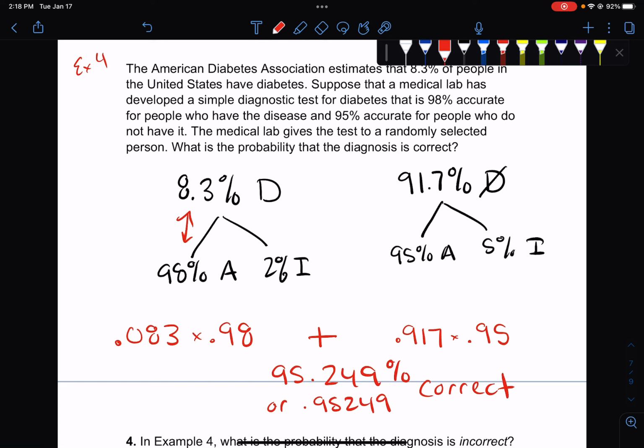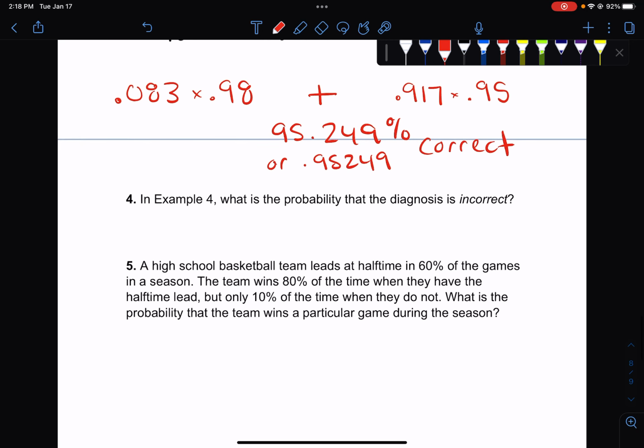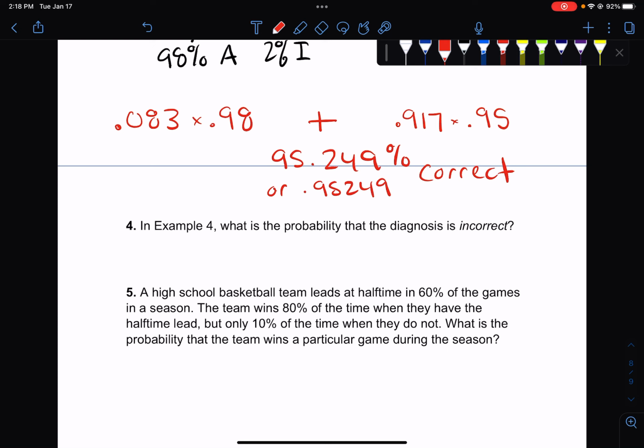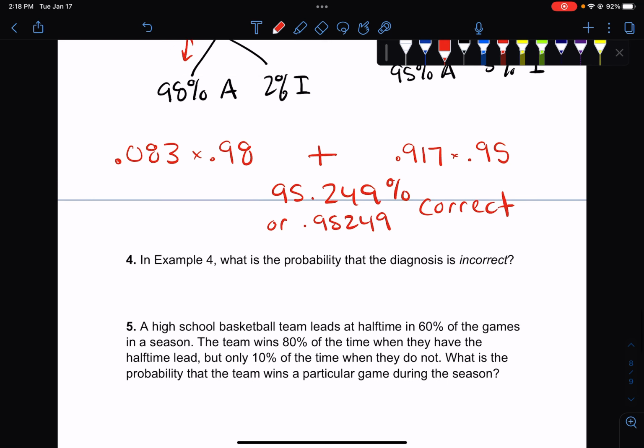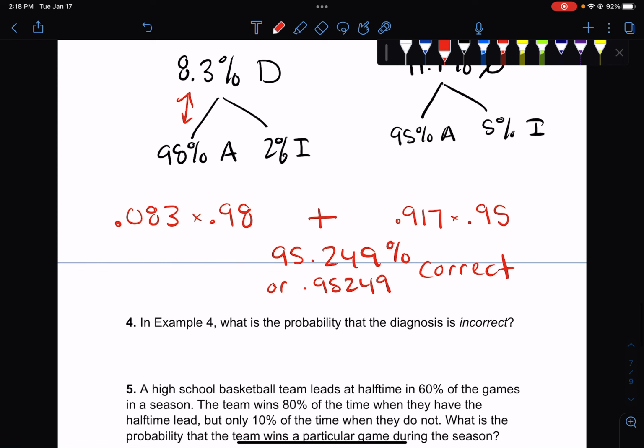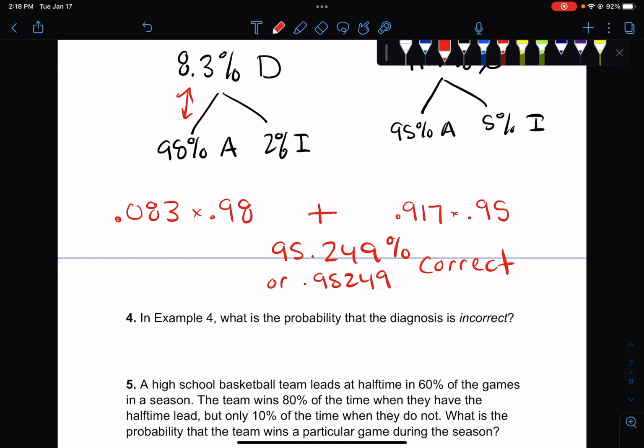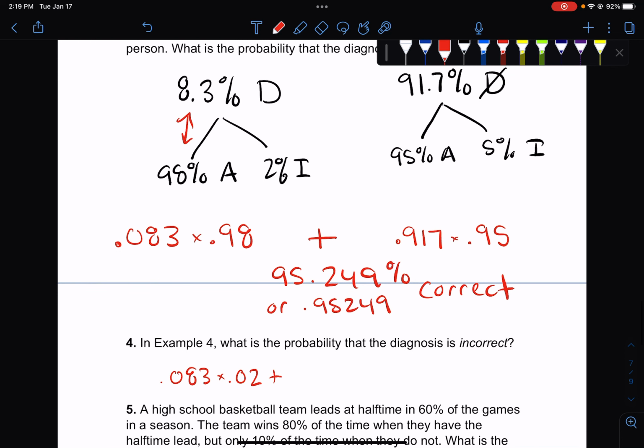Okay, let's look at the next two. In example 4, what's the probability that the diagnosis is not correct? Okay, well, it's incorrect for 8.3% of the population. It's 2% incorrect for 8.3%. So for 0.083, it's 2% incorrect. And then for the other part of the population, for 91.7% of people, it's 5% inaccurate.